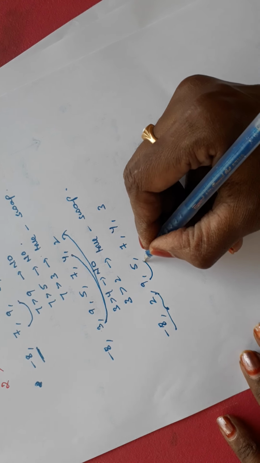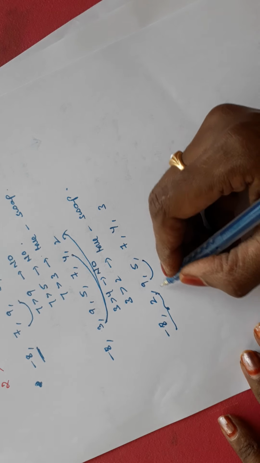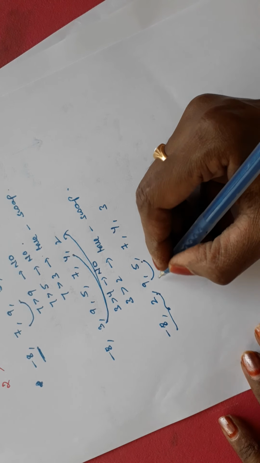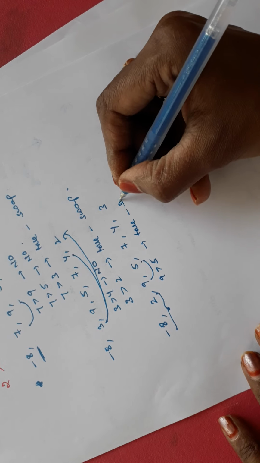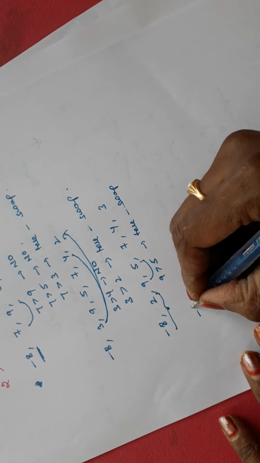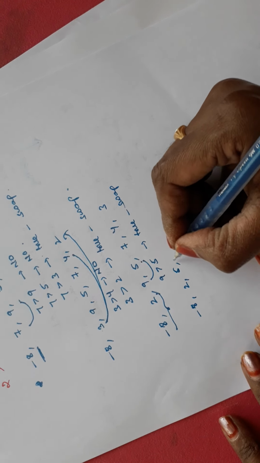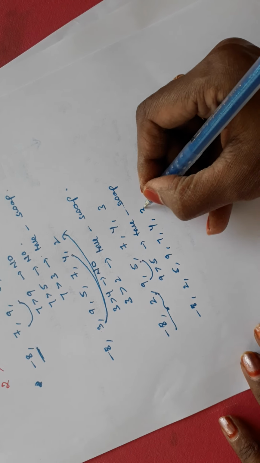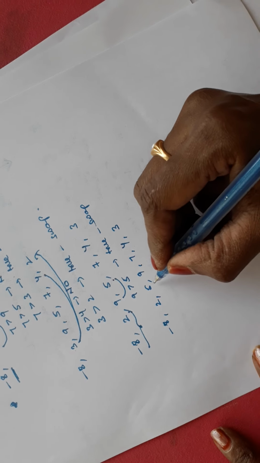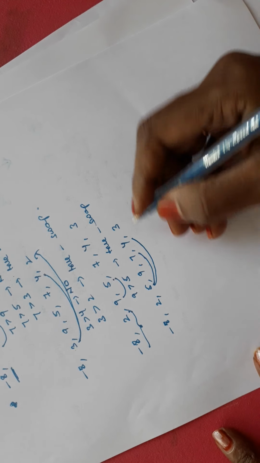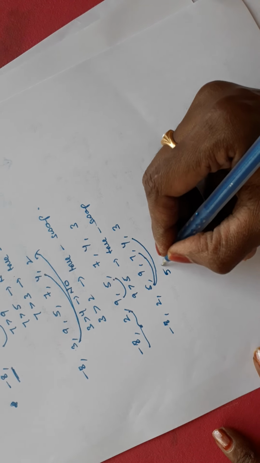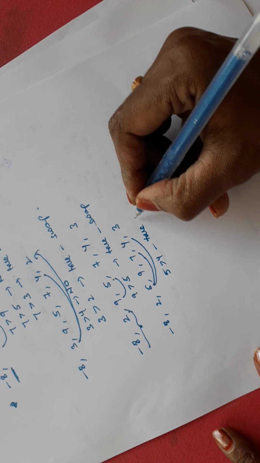Now compare 9 with 5. 9 greater than 5 is true, so swap. After swapping: minus 8, 2, 5, 9, 7, 4, 3. Now compare 5 with 7, then 5 with 4. 5 greater than 4 is true.